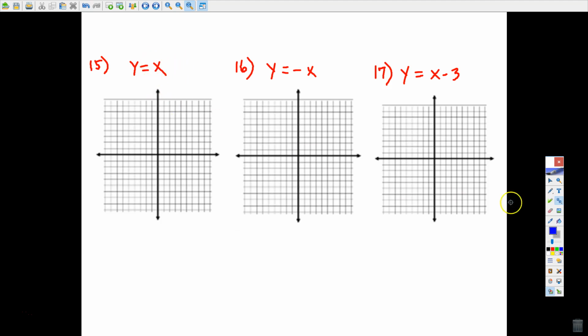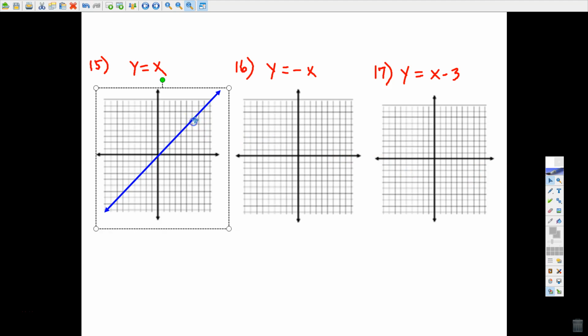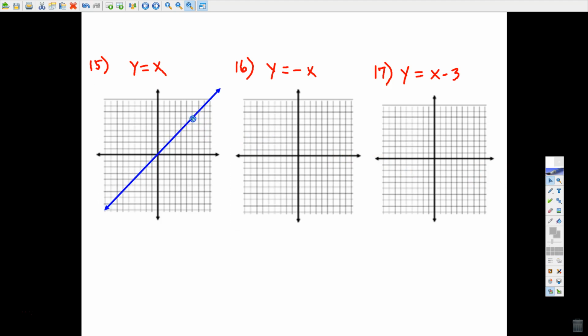The slope is 1. So we can draw it like this. It basically looks like that. That's y equals x. I'm a little bit below, but it's not always easy to. Yeah, it's better. Okay, so there's y equals x.